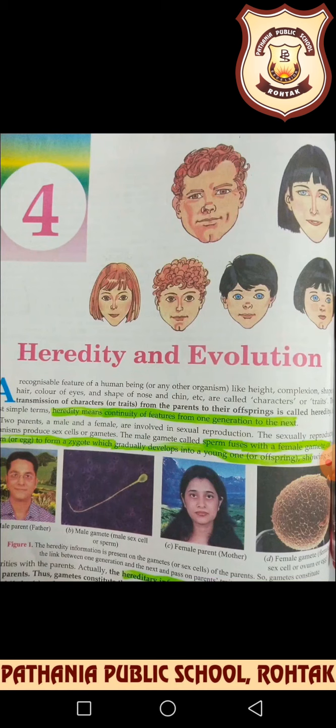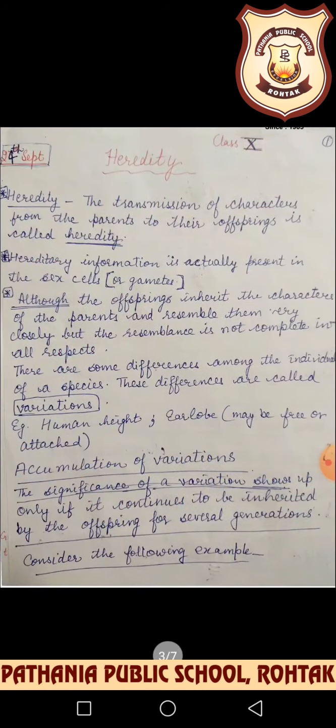Heredity means continuity of features, passing of characters, transmission of characters or traits from the parents to their offsprings. In the most simple terms, it means continuation of characters from generation to generation.